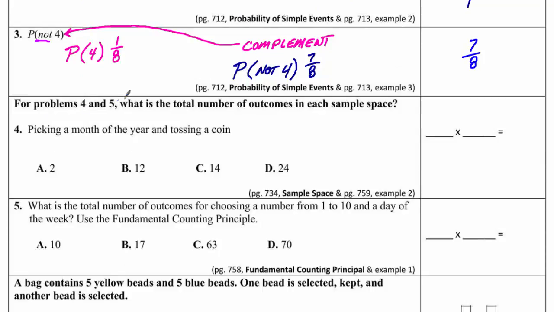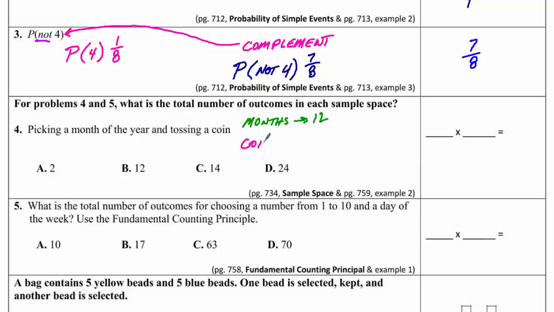All right, problems 4 and 5 go with this idea of getting what we call sample spaces or fundamental counting principles. Probability of picking a month of the year and tossing a coin. So what you want to ask yourself is, how many of each are there? Well, for months, there are 12.